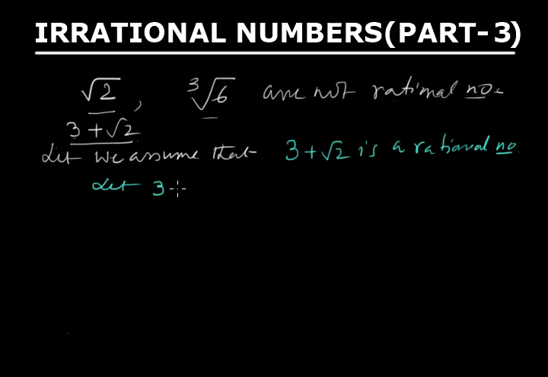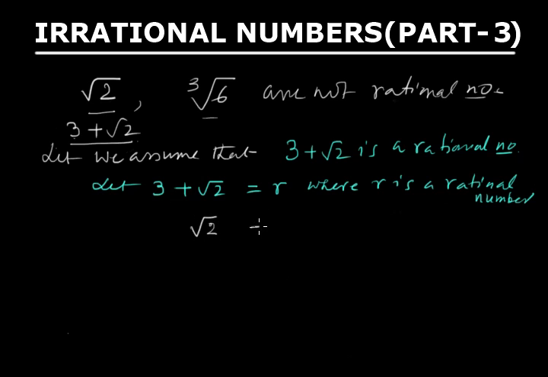Let 3 plus root 2 equal r, where r is a rational number. So, we transpose 3 to this side, and it becomes r minus 3.